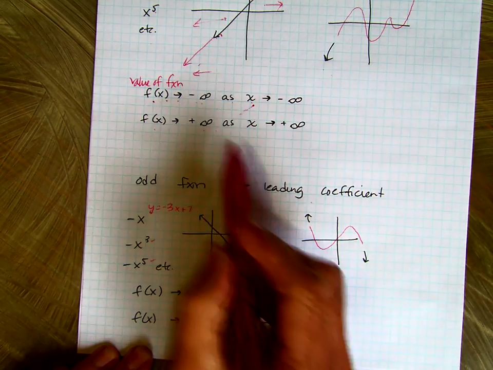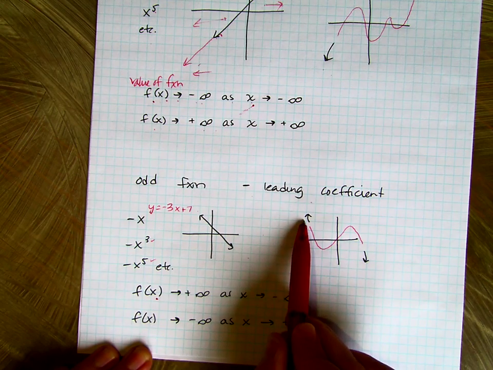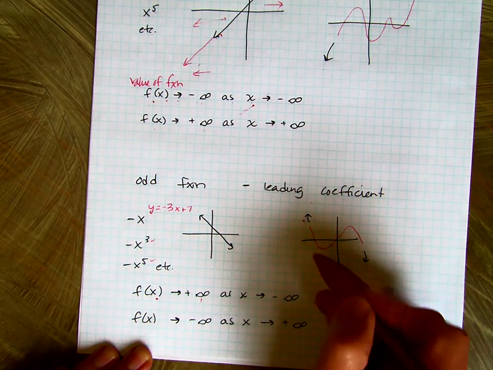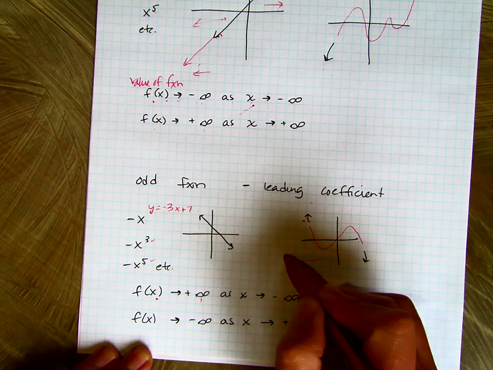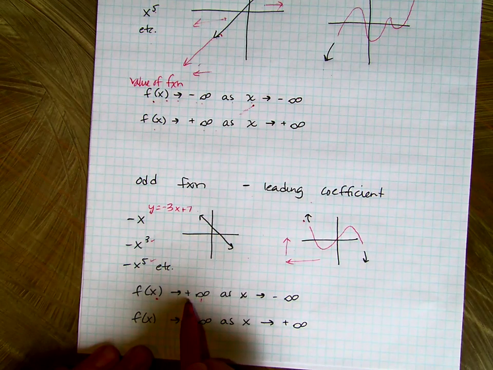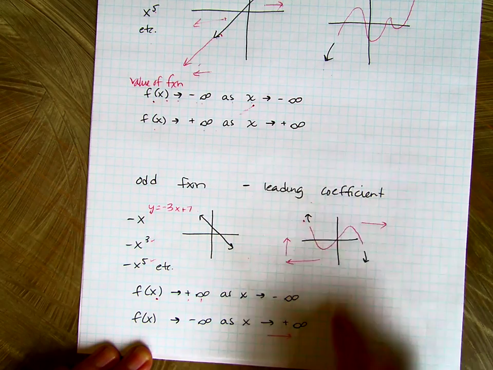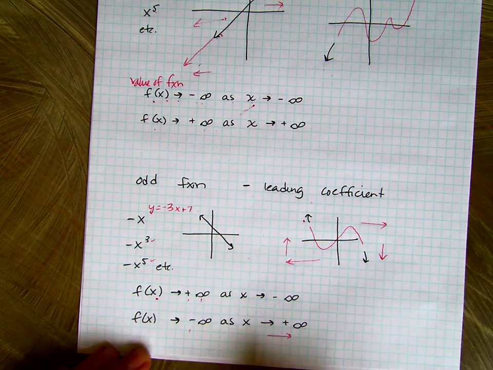But overall, the ends behave the same way. The value of the function goes to positive infinity as x goes to negative infinity. As I head out on the x-axis towards negative infinity, my function goes to positive infinity. As I head out to positive infinity, the value of my function goes to negative infinity.